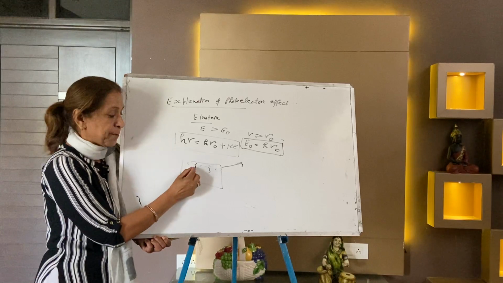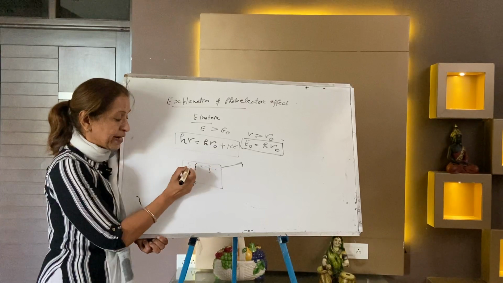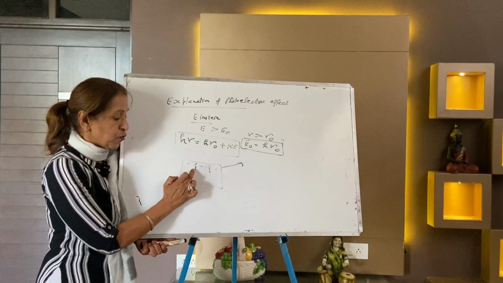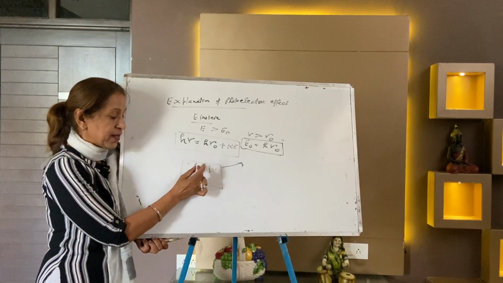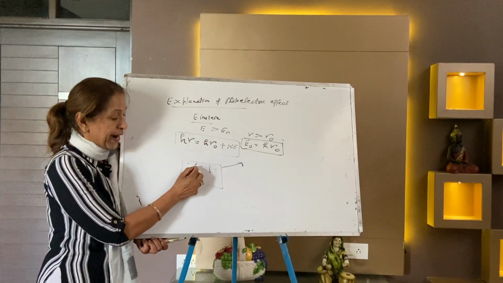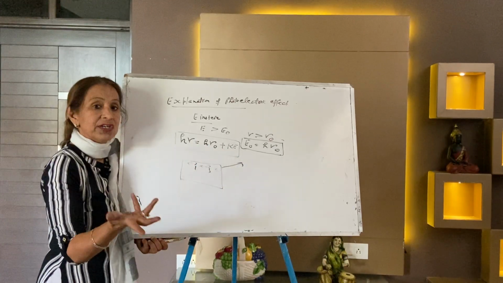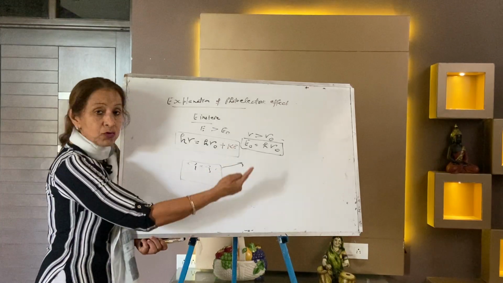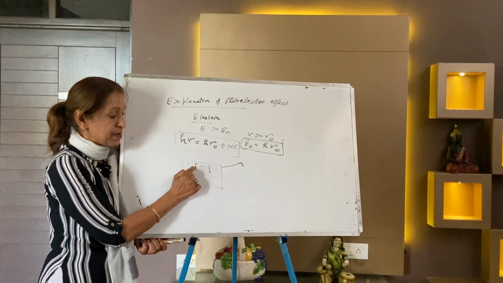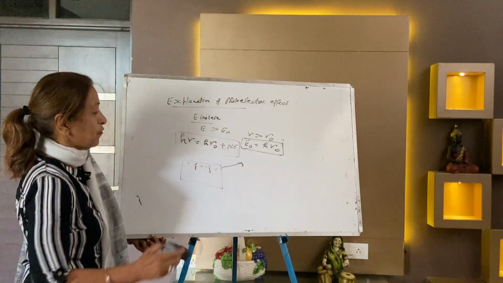The electrons are present on the surface of the metal, bound by a very weak force called the work function. To separate these electrons, h nu naught is required. We have supplied h nu, so their requirement is met, but where will the rest energy go? The electron will come out with the rest energy as kinetic energy. So h nu is equal to h nu naught plus kinetic energy. This is the formula of the photoelectric effect.